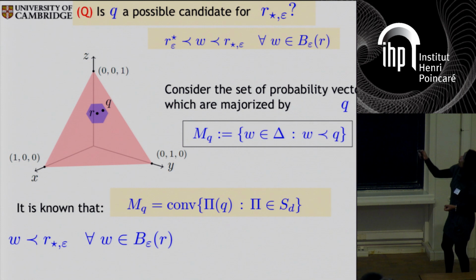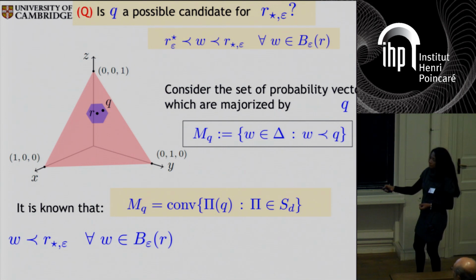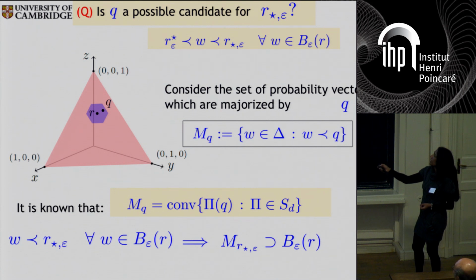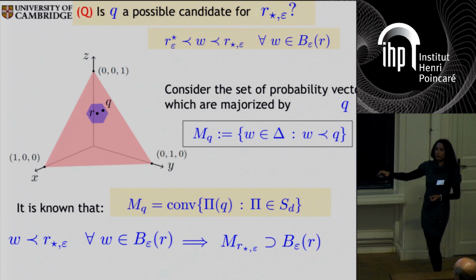So now we want to ask whether Q is a candidate for R lower star epsilon, which satisfies this relation. So that means what? If you have R lower star epsilon, the corresponding M of R lower star epsilon must contain the entire ball, all the vectors in the ball, because all of them are majorized by R lower star epsilon.